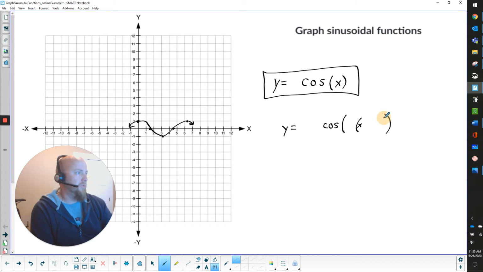Stretches horizontally, or horizontal shifts, which with the trig functions, the sinusoids, we call phase shifts. The length of the cycle of this sinusoid is the period.